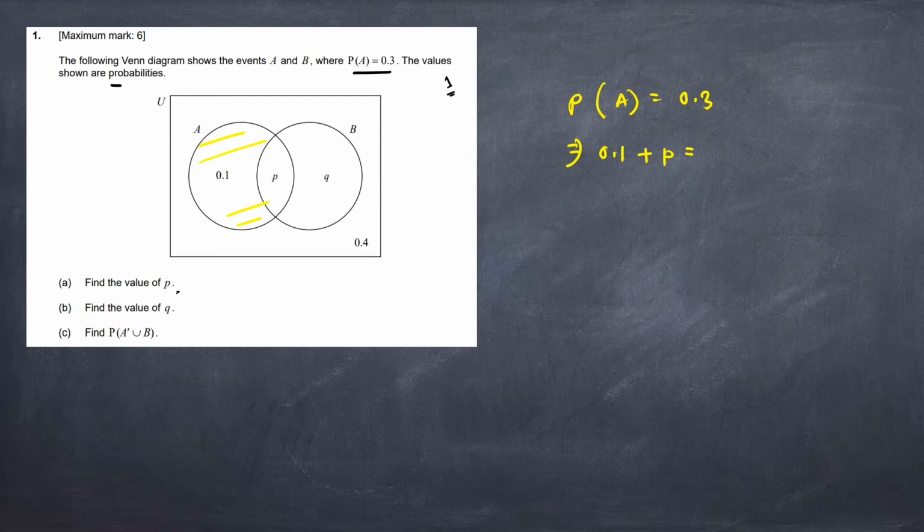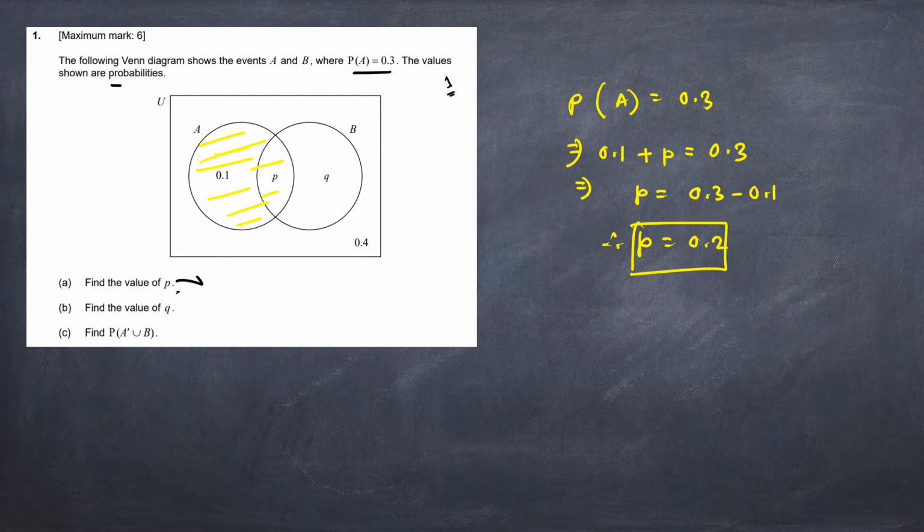So ultimately we can write 0.1 plus P is equal to 0.3. From here we can write P is equal to 0.3 minus 0.1. So we are getting P is equal to 0.2. So the value of P is 0.2.